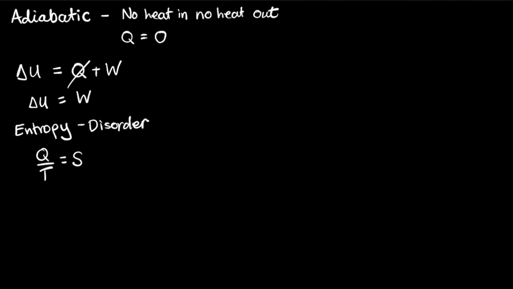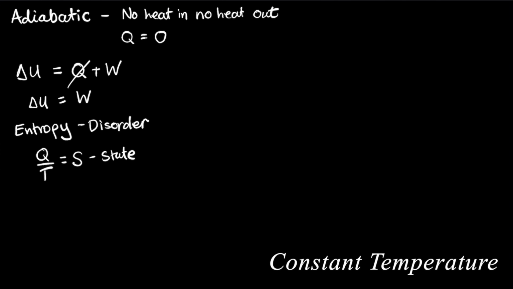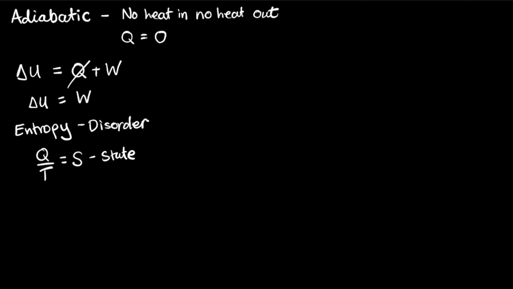It's a state variable rather than a process variable. Of course, heat capacity was a process variable, but entropy is a state variable. And changes in entropy often happen at constant temperature, so there's no change in the temperature. An entropy change happens at constant temperature, but not in the same way as an isothermal change.